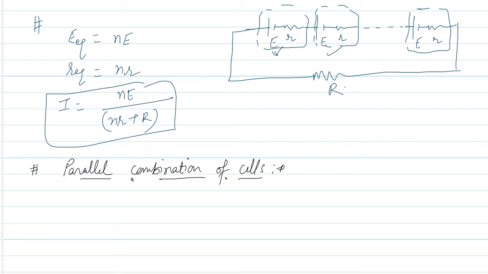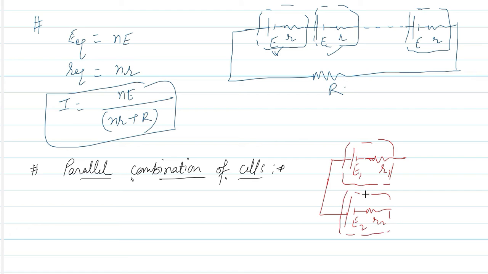What we will be doing in this case is connecting, let's say for two different cells, E1 R1, this is the real cell, with another cell E2 R2 in parallel combination, right students? So this is the case of parallel combination, and this combination is connected like the earlier case with resistance R. So let's try to find the equivalent EMF.